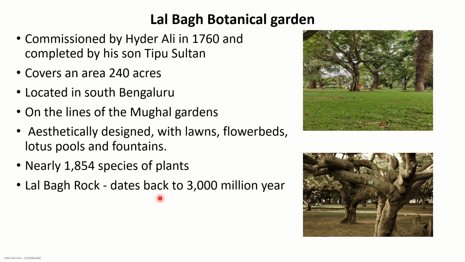Aesthetically, it is designed to be a pleasure to the eye. It has lawns, flower beds, lotus pools, and fountains to add to its beauty. It houses nearly 1,854 species of plants, and Lalbagh rocks date back 3,000 million years.